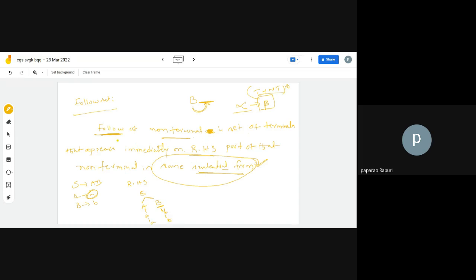So what he is saying is, follow of a non-terminal is a set of terminals that appear immediately after the non-terminal on the RHS part of some sentential form. In this sentential form, A is the non-terminal, and the terminal that immediately appears is b.